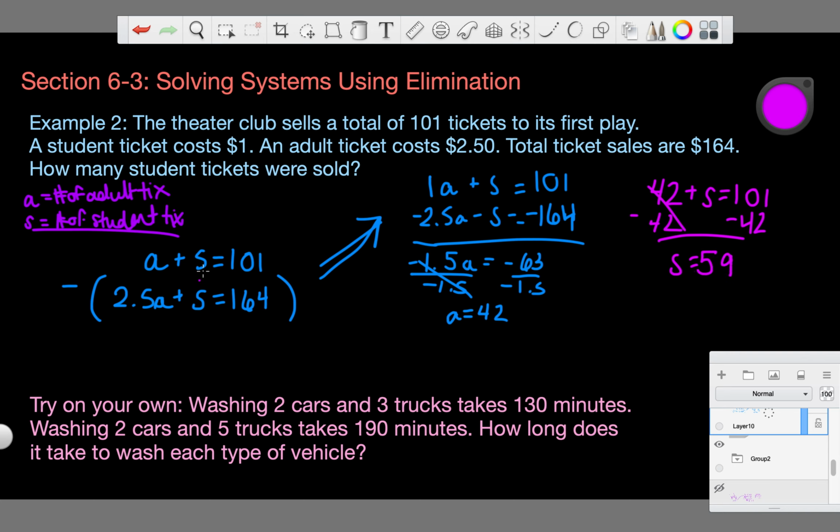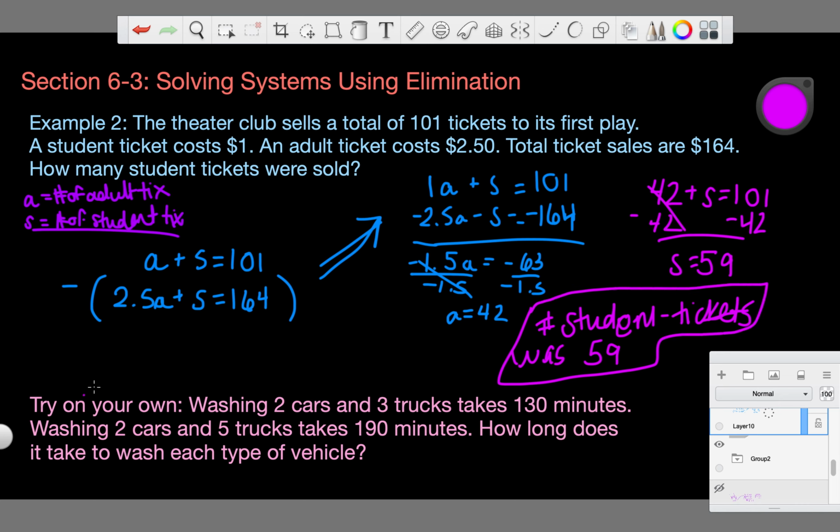You see how we eliminated this S variable? That's exactly what we wanted to do. So the number of student tickets was 59.